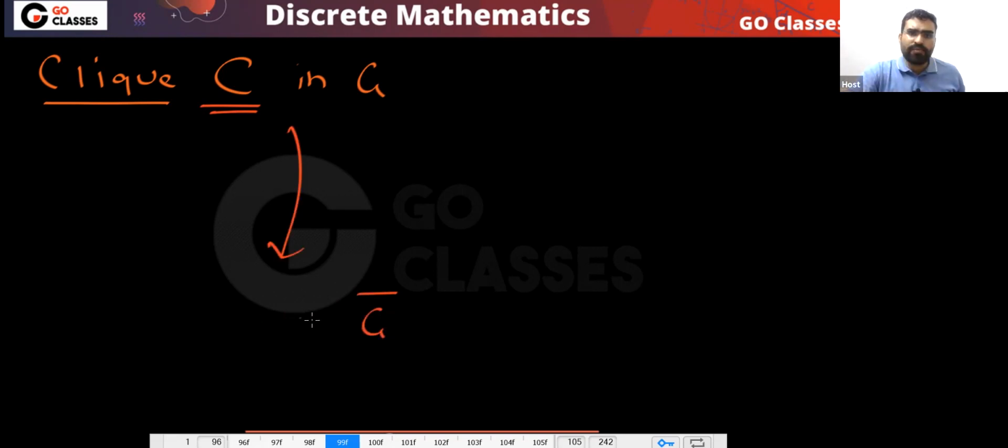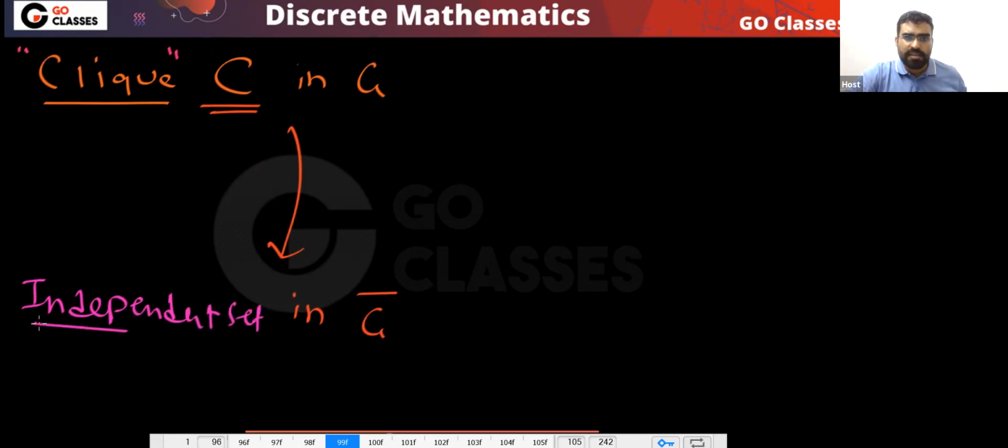This C is a clique in G. What will this C become in G complement? It will become an independent set. Very good. This C will become an independent set in G complement.